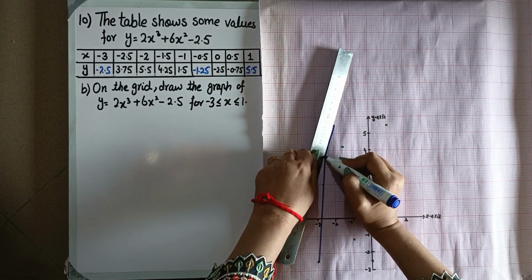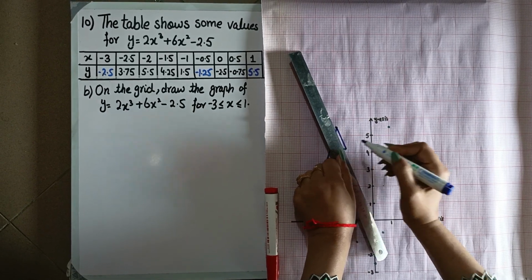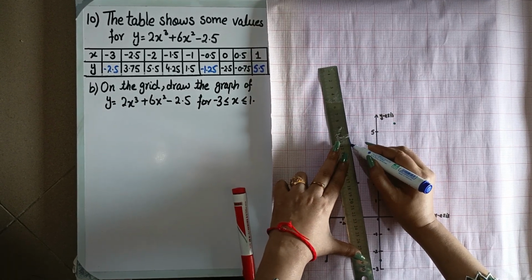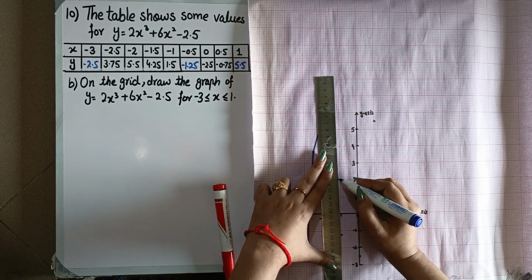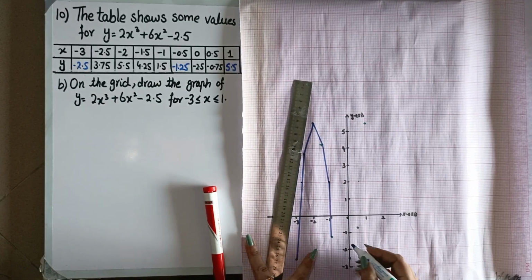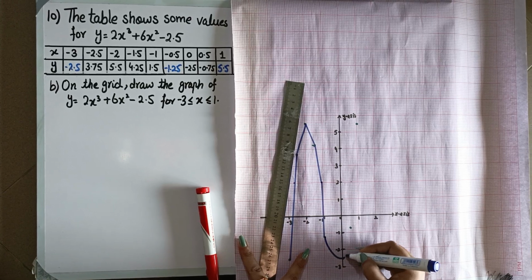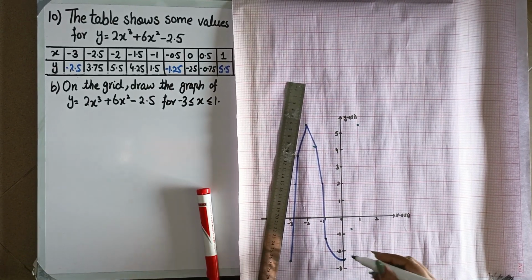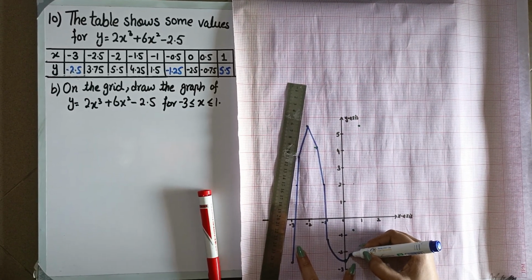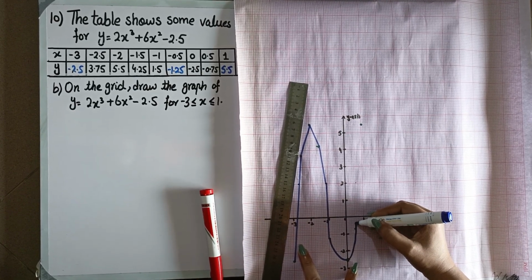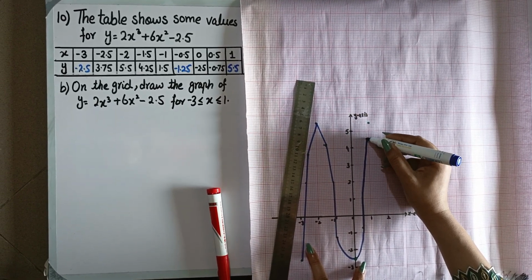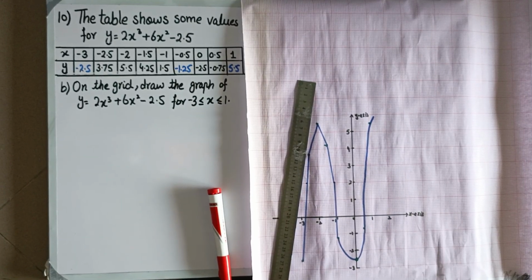It's better to join them with a scale. This is the graph which he was demanding from you.